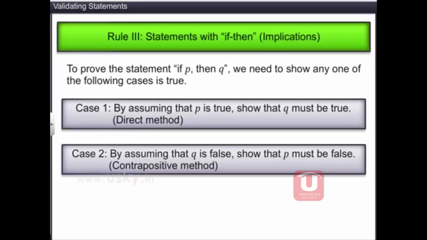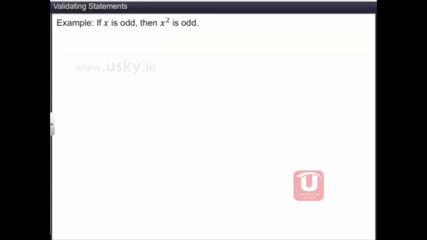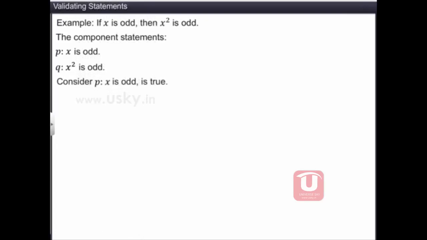Let's prove the statement: if x is odd, then x squared is odd. The component statements of the compound statement are: x is odd, x squared is odd. To validate the given compound statement, let's consider that the statement P is true. Let x be 2n plus 1 for some integer n, by the definition of odd number.